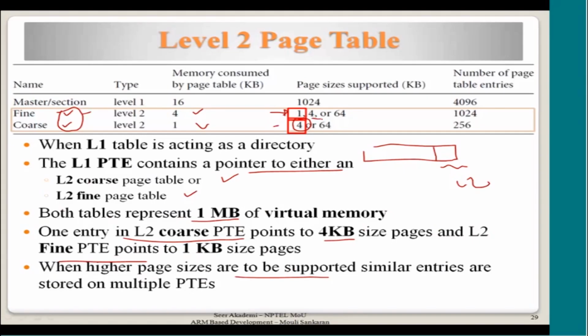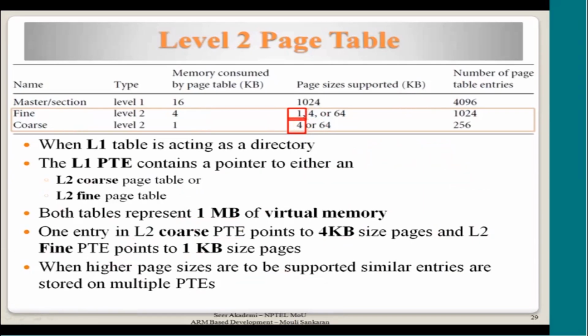As I told you earlier, these higher sizes are represented by having similar entries. So if you want a 4 KB page with no write access, write back access, and buffering, then these access permissions can be entered in all the 4 page table entries, and all of them will have the same access permission.